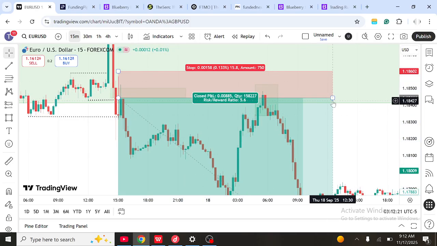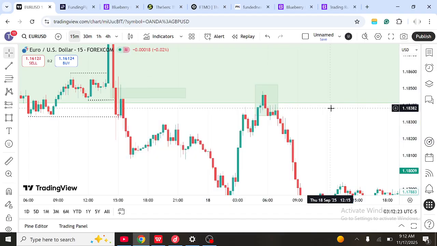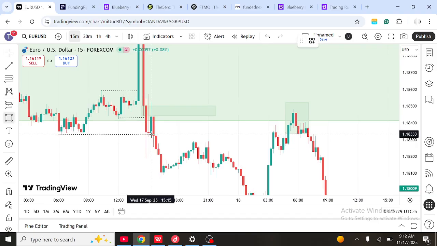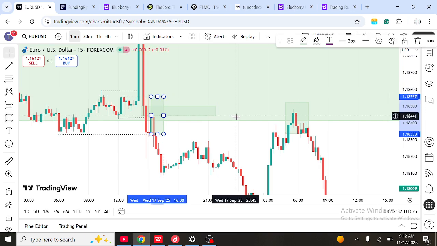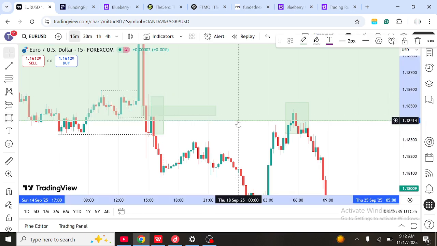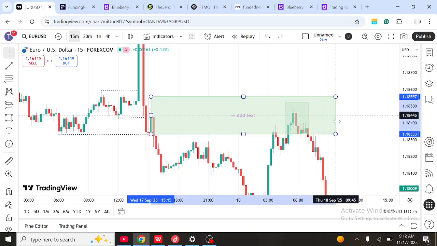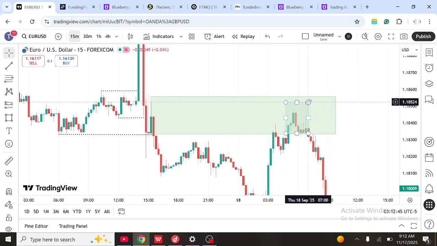So let me delete this and let's look at this order flow that we have here. Let me delete this order flow that is from 4 hours. Let me delete this one also, which is the first one. So we have it here. You get the concept? Let's take this out.